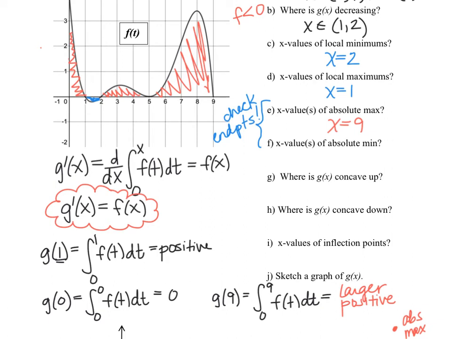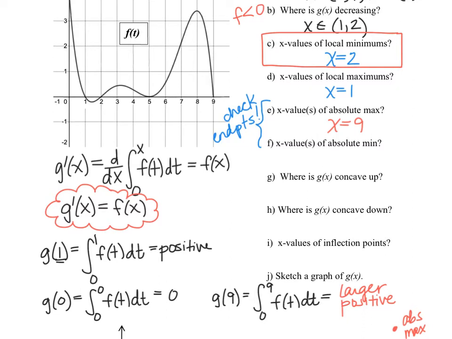So we have a local min, we said here, at x equals 2. So then we would also need to consider the endpoints and see if one of the endpoints gives us a smaller value. So you'll see I'm going to do a lot of erasing as I shade underneath my curve, and you may find you have to do the same. Just shade lightly in pencil and then erase.